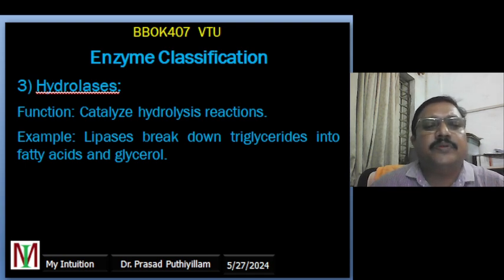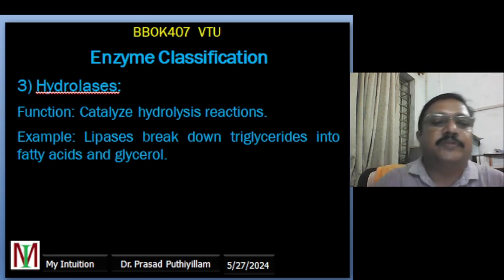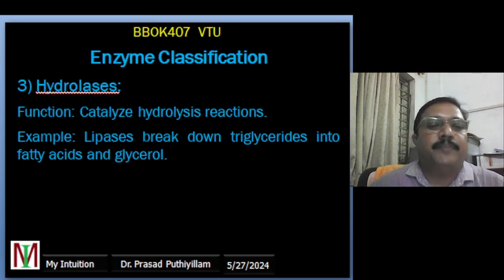The function is to catalyze hydrolysis reactions. Hydrolysis means adding water molecules, breaking down molecules by adding water. Example, lipases, which hydrolyze triglycerides into fatty acids and glycerol, which is the fat digestion.